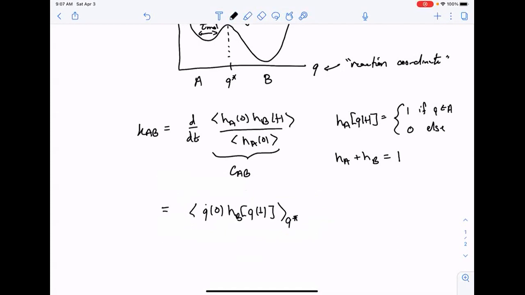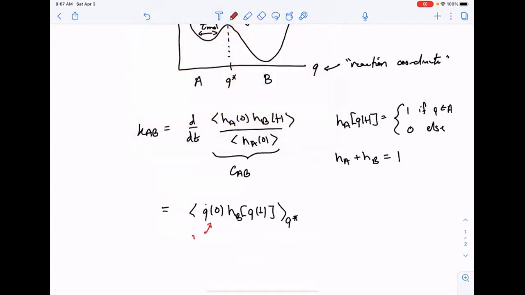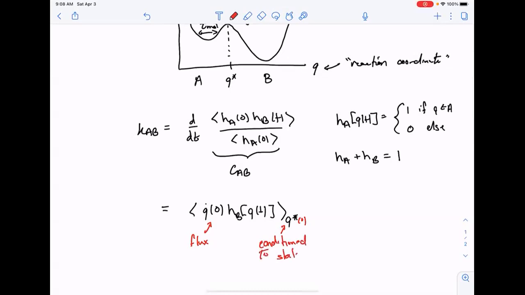Q dot here is the flux. This subscript Q star is conditioning to start now not in the A basin. Let me write that more cleanly.